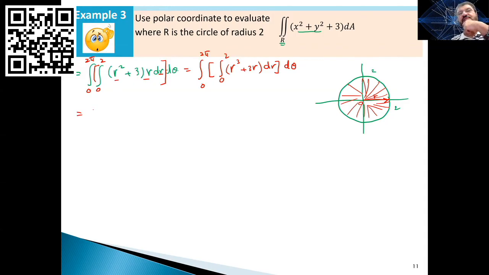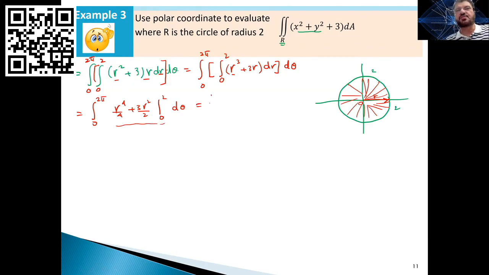Now we can easily integrate. So this is 0 to 2 pi. The integration of r cubed is r to the 4 over 4 plus 3r squared over 2. And this is from 0 to 2 d theta. Now this is the inside, guys.